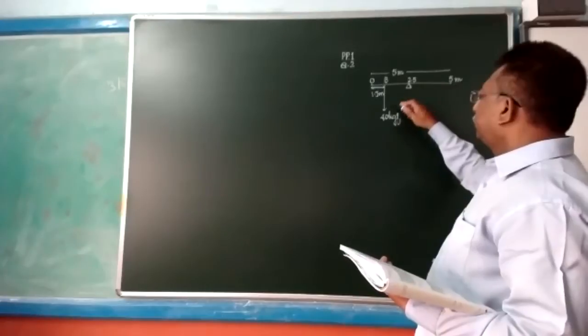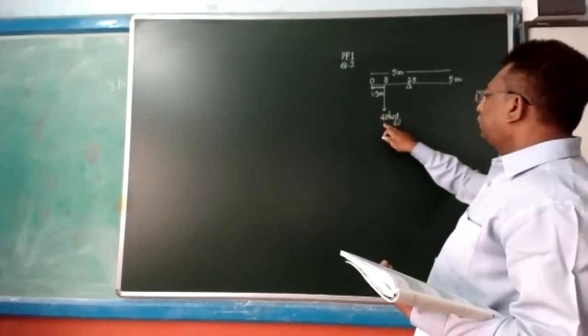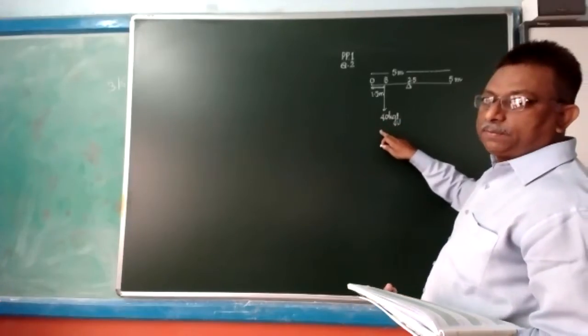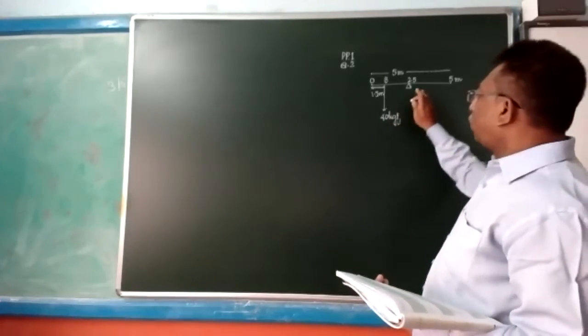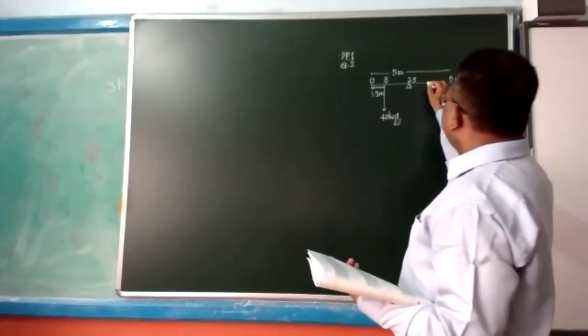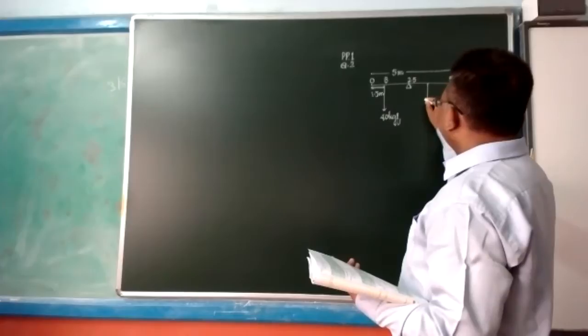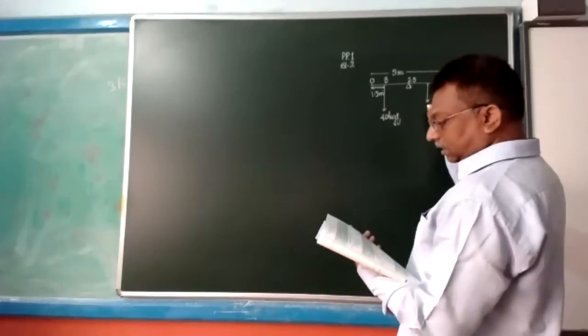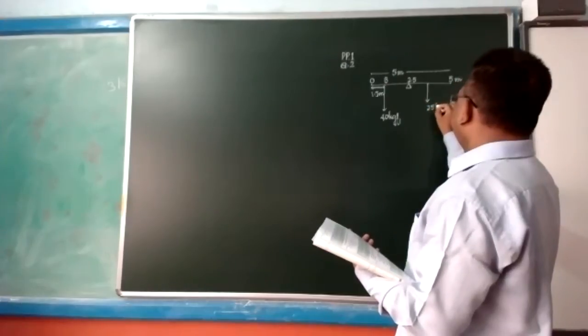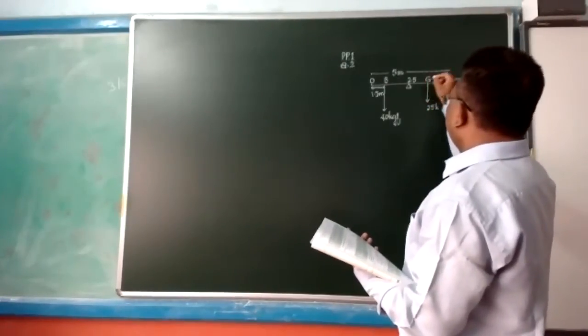Okay. So this is an anti-clockwise moment of force. It means that the girl must sit on the other side of the fulcrum. Here, think here is sitting a girl whose weight is 25 kg. G for girl.